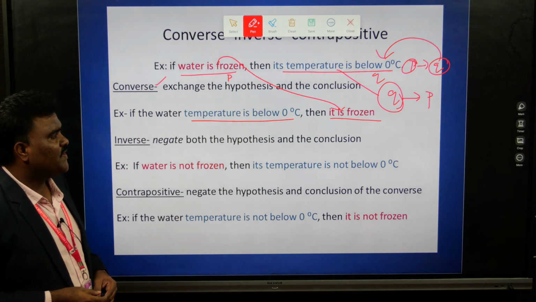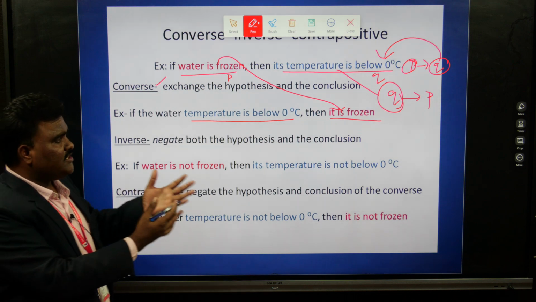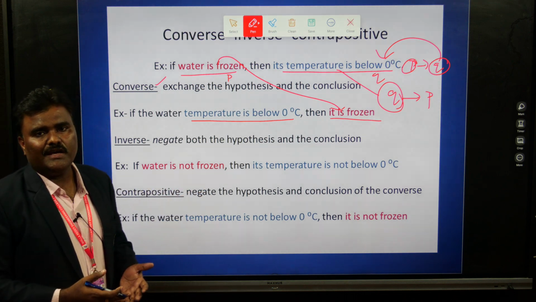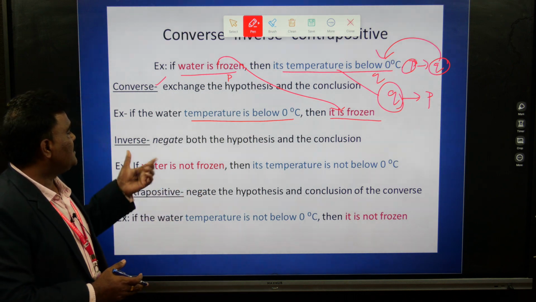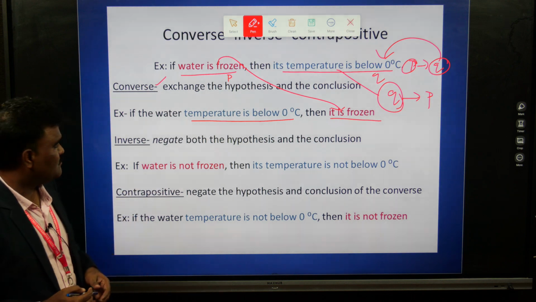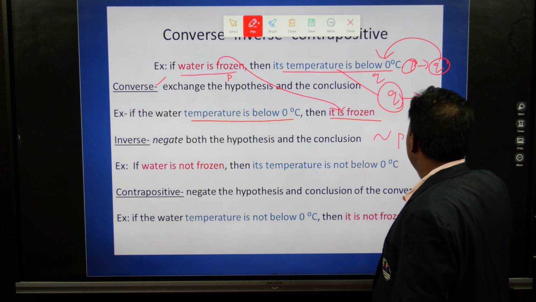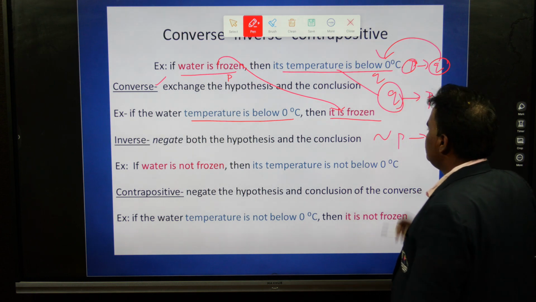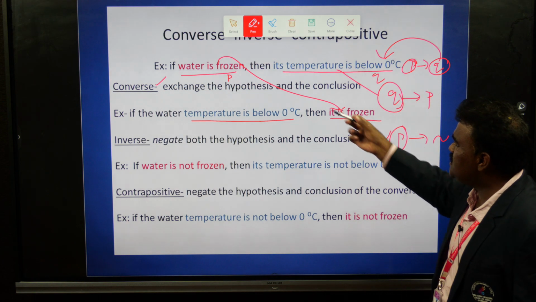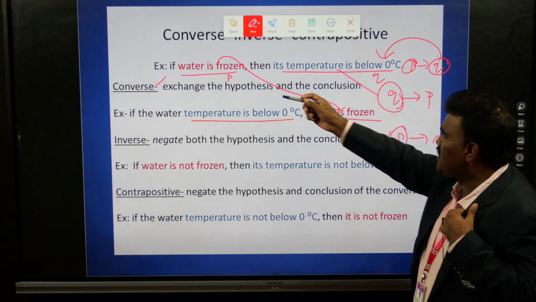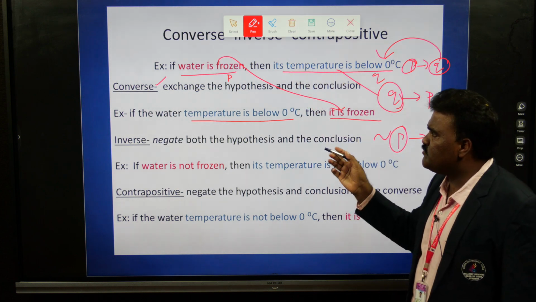Now inverse. Inverse in the sense, first you have to take the original statement, you have to apply the negation on both statements, then the statement is said to be inverse. So how will we represent it? Simply negation P implies negation Q. What is P statement? Water is frozen.